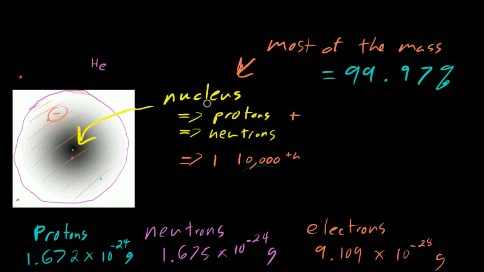But then you should imagine, if we could shrink down something 10,000 times, and maybe I'll actually do a specific example of this in the next couple of videos, where if you had one human hair that was solid nuclei, nuclei of atoms that had no empty space, seeing as how we have 99.97% of the mass of an atom in this thing that's really, really small inside of an atom, if you had even just a human hair that was solid nuclei, you could imagine how much that would weigh.